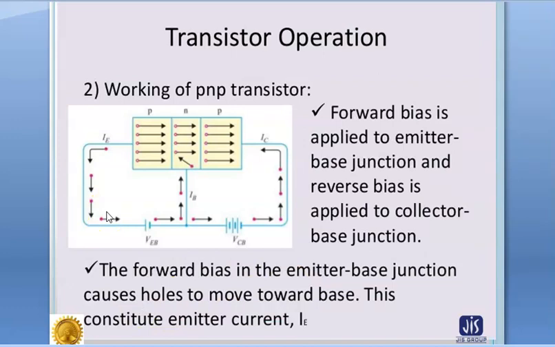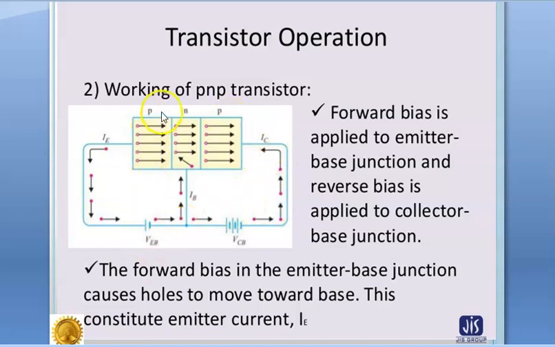Now the operation of a PNP transistor. Here also, the emitter junction of the PNP transistor is connected in forward bias, because the P side is connected to the positive pole, and the collector junction is reverse biased, with its P side connected to the negative pole of the battery.